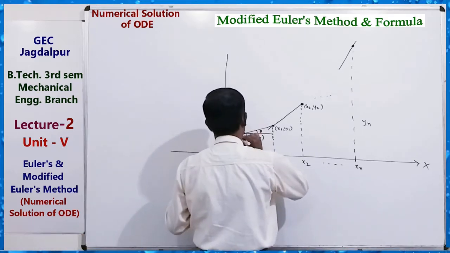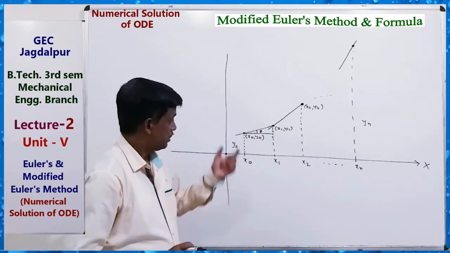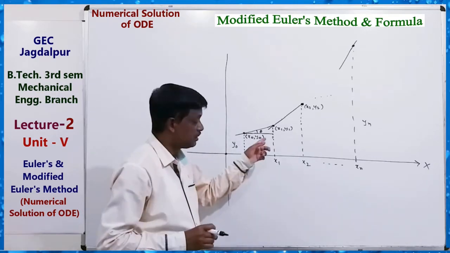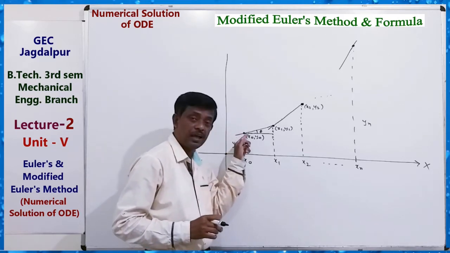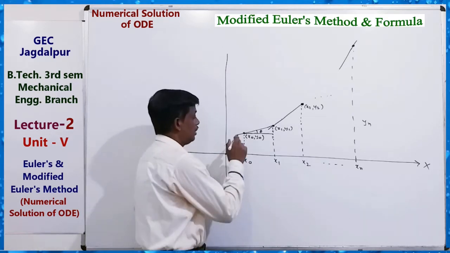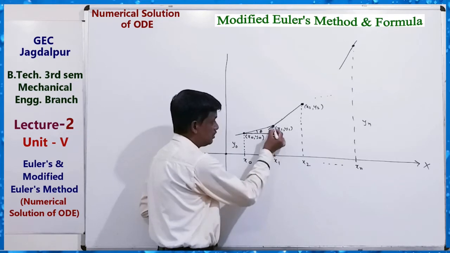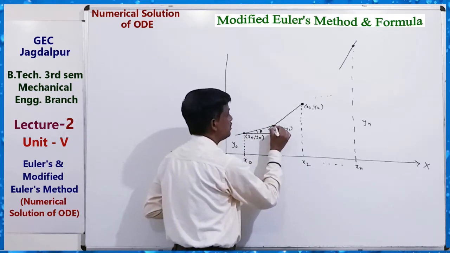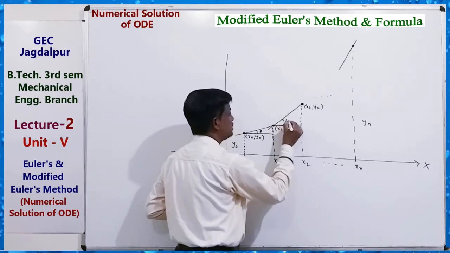Now in the modified Euler's method, we draw a tangent at x0, y0, which lies on the curve, and at the next point again we find the equation of the tangent, whose slope is given by this angle.